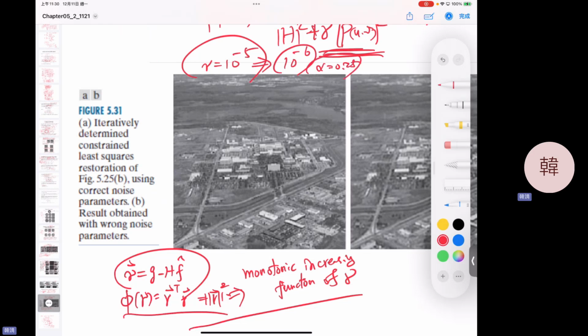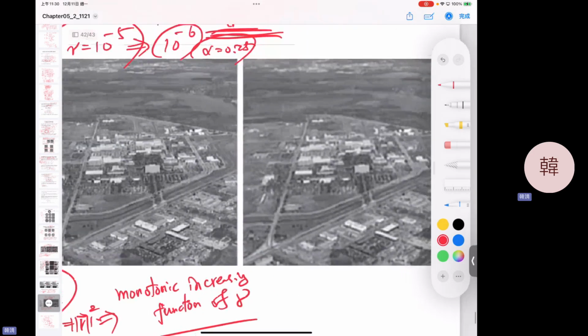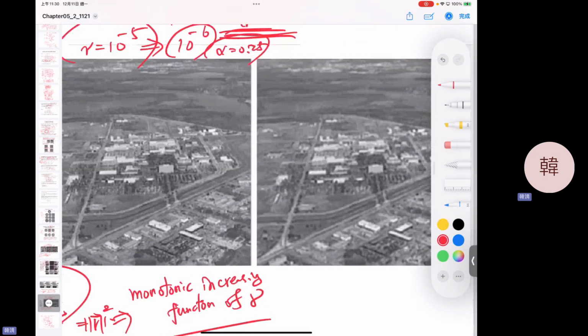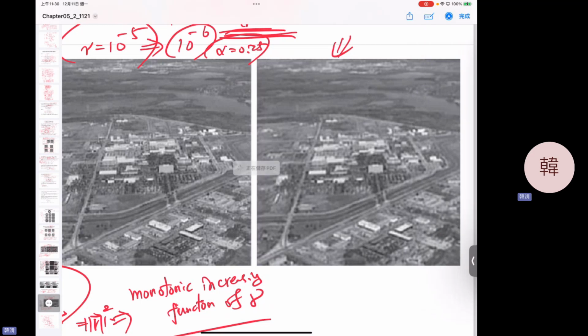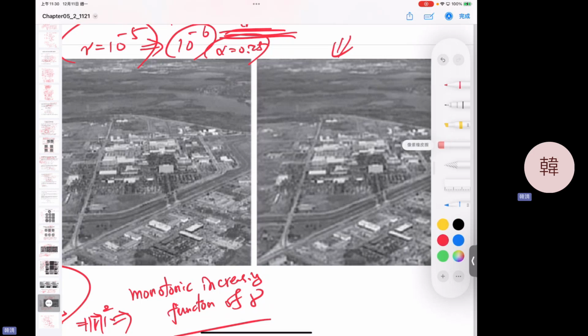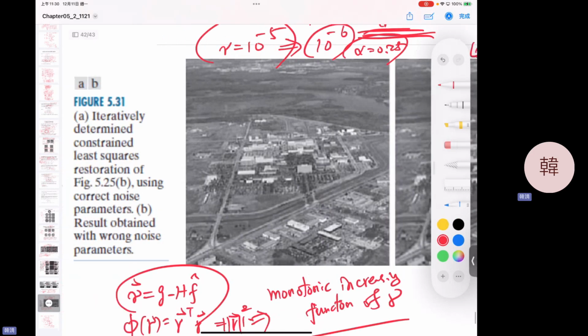But if you just do it intuitively by guessing, you will get this one. To tell the truth, I cannot tell much difference between these two. It's automatic, but for some variation you have to compare through MSE. Otherwise you will get this one. They say this one is the worst, but to me I didn't see a big difference between these two. The result used the wrong noise parameter.